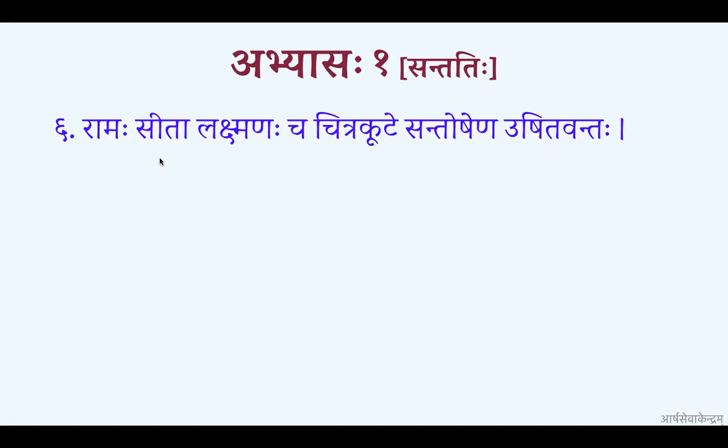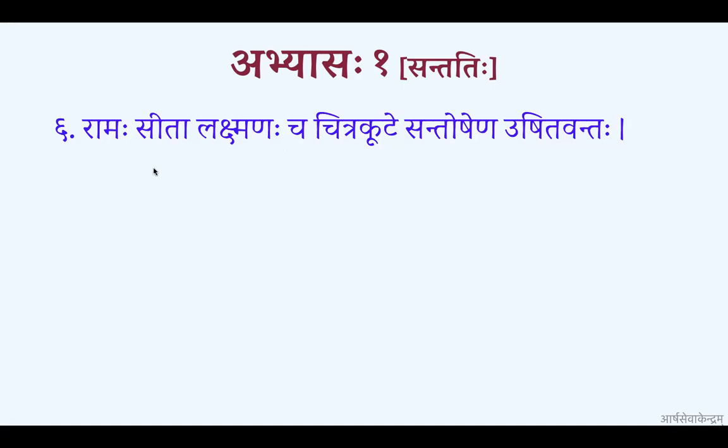So if instead of Ramaha, let us say Kaikeyi Sita Lakshmanaha, then what will you ask? Kaha. Why Lakshmana is there? Yeah, but you said still K, Mahodaya, still K. No, still K only.